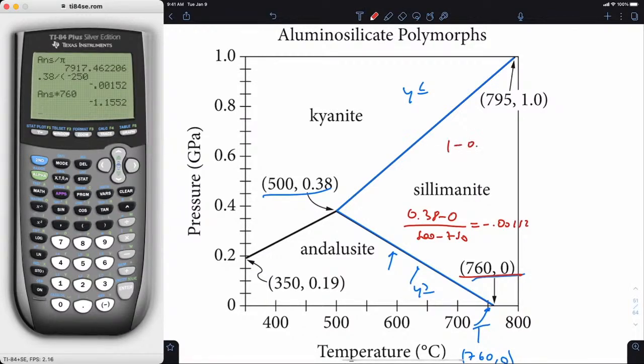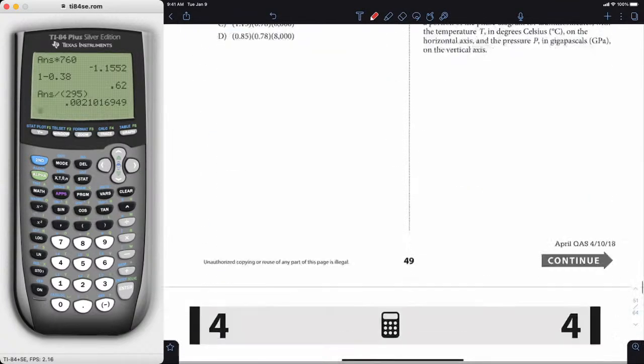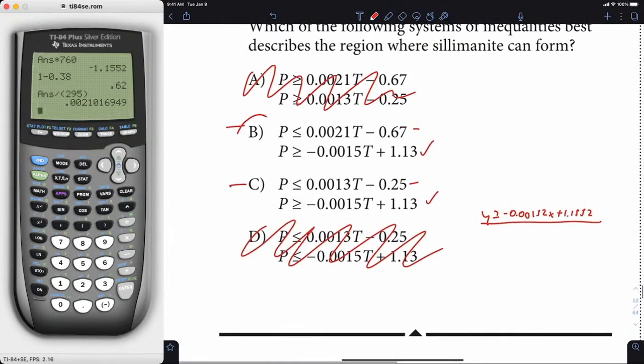So 1 minus 0.38, let's try that, is 0.62 divided by 795 minus 500, which is 295. So 0.0021. Which line has a slope of 0.0021? It's going to be option B.